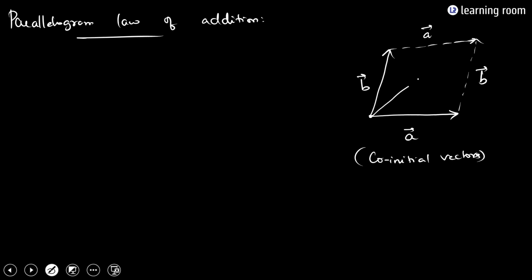Then the diagonal of this parallelogram, if I call it the C vector, gives C vector equal to A vector plus B vector.